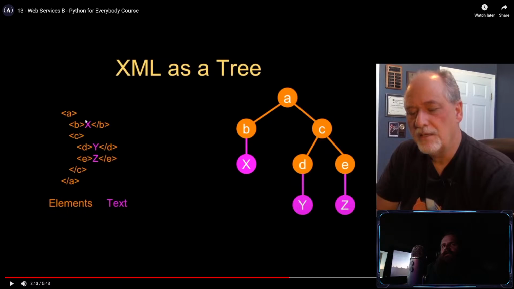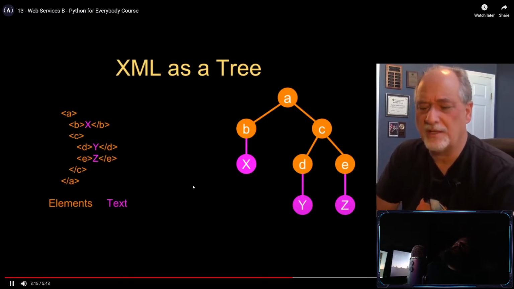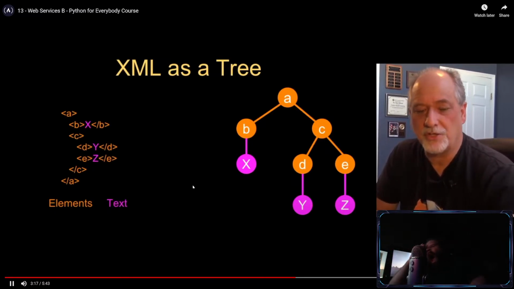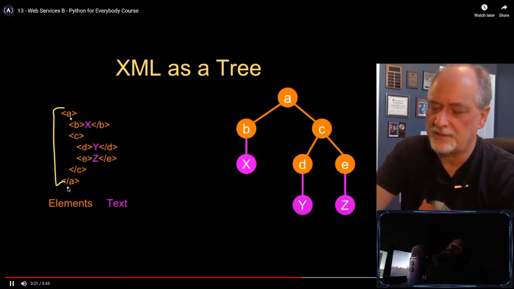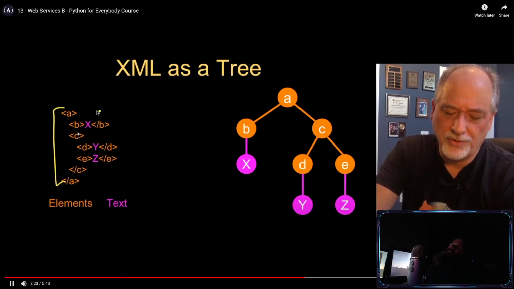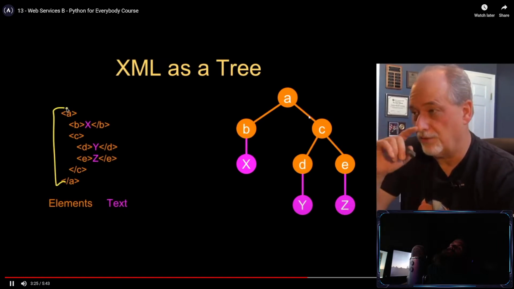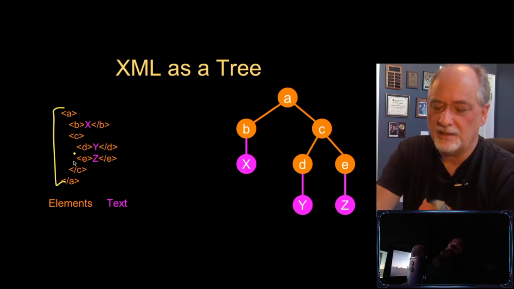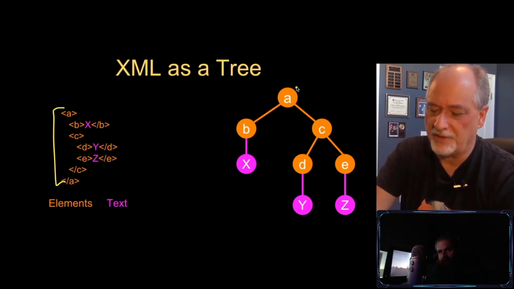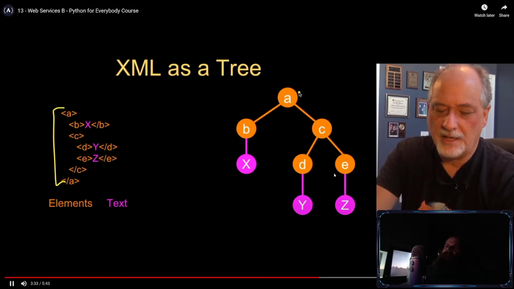Elements, text. The simple and more natural way to think about this is a tree with parent-child relationships. So here we have this A tag on the outside, and that's the top level one. You can only have one outer tag, and you can't have another tag down here. So you have to have one tag that's sort of the root tag for everything in this XML document, and it has two children.